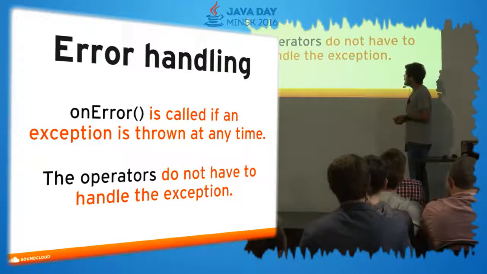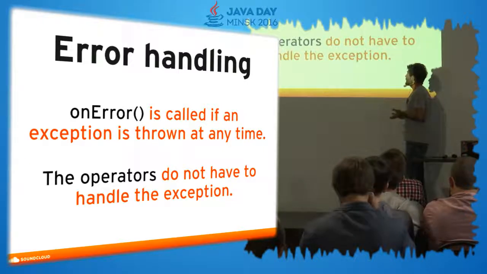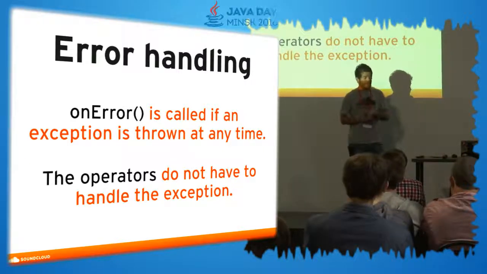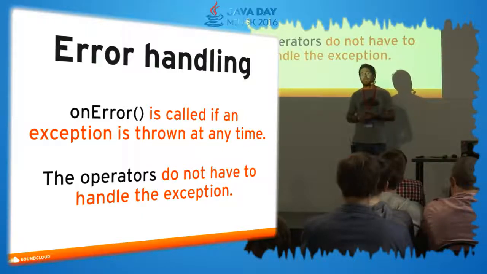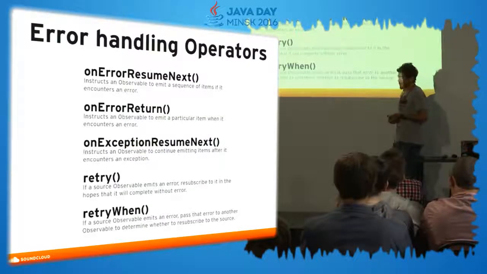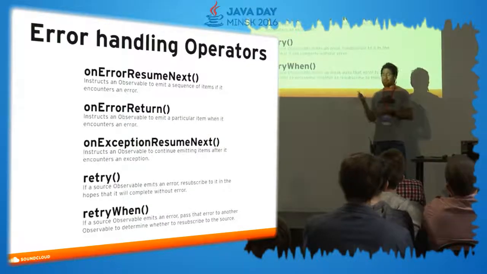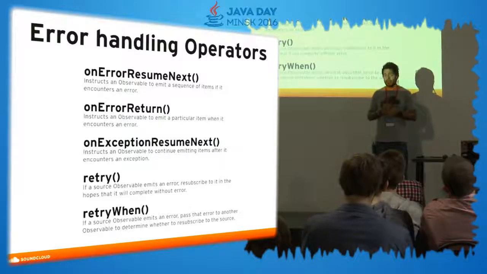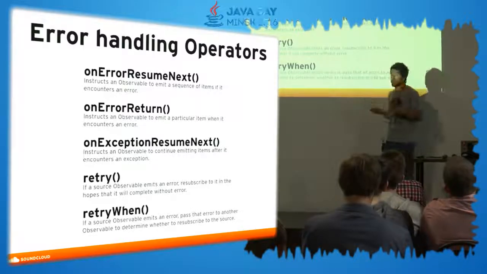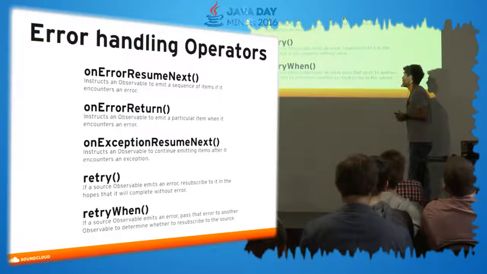Even though it's not a good practice to handle the exception within operators, RxJava provides a bunch of them to deal with error handling. Let's have a look at them. I'm not going to go through all of them. I just put them here so you can go to the documentation.